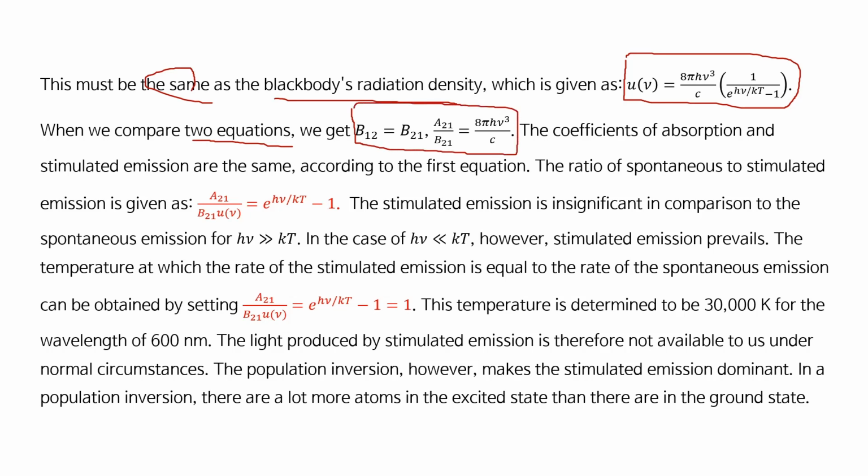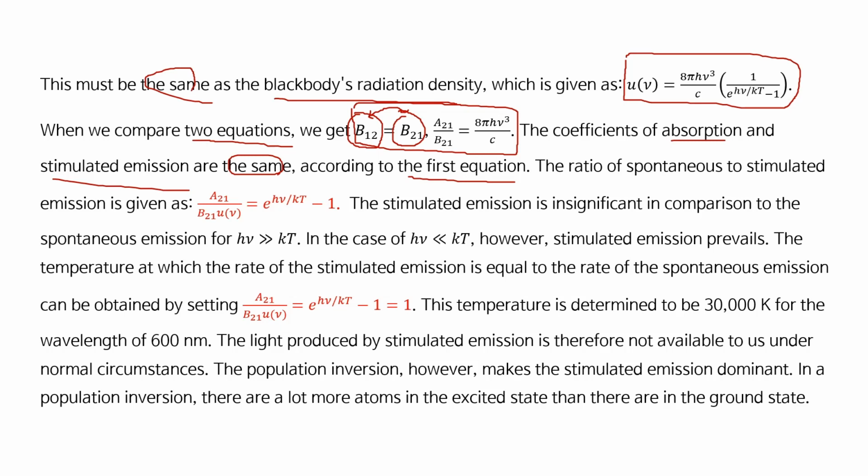The coefficients of absorption and stimulated emission are the same according to the first equation. So B12 is the coefficient of absorption, and B21 is the coefficient of stimulated emission. So these two coefficients are the same.